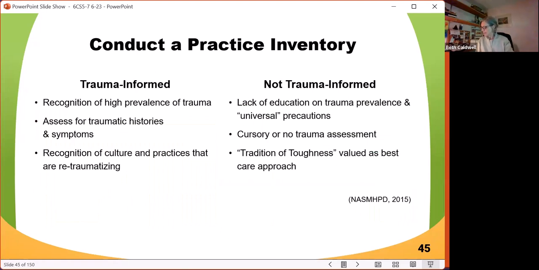And then conduct a practice inventory. And this is, to me, one of the most important things that we can do. Not just the recognition of the high prevalence of trauma, everybody does that.